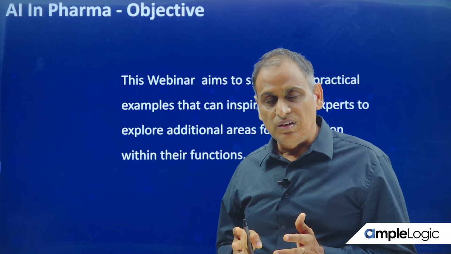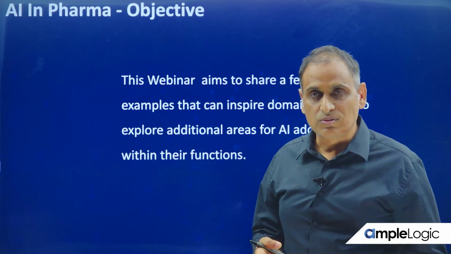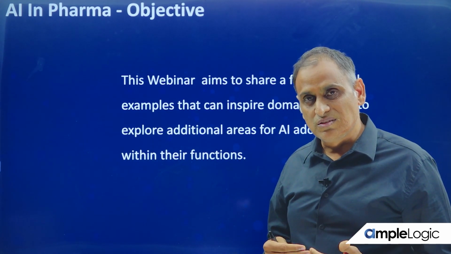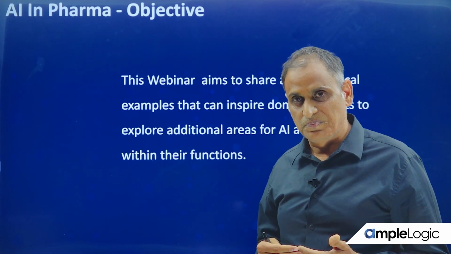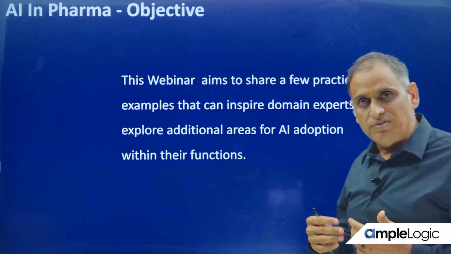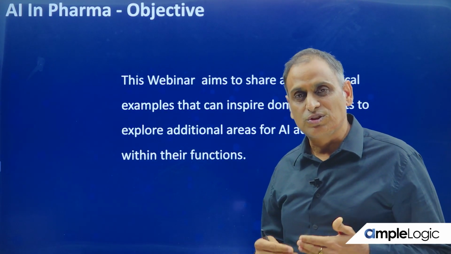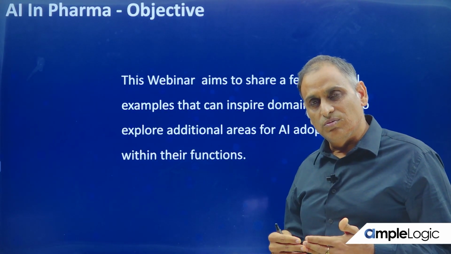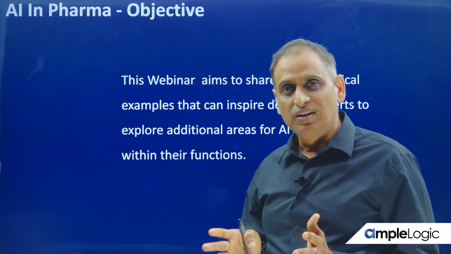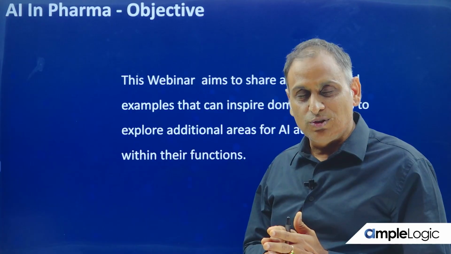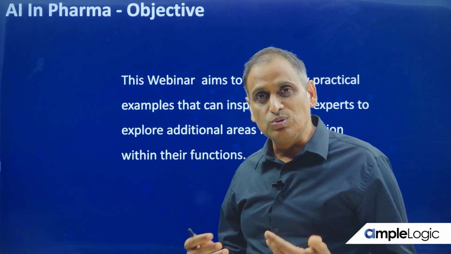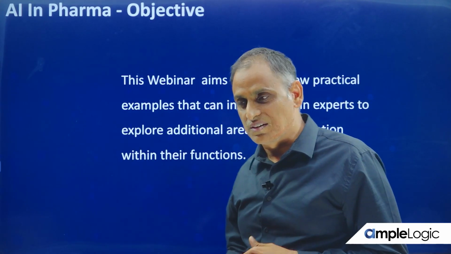In the same way, we are foreseeing in the industry that people would like to use these recommendation engines at their work also. Considering this, this is the attempt that we at AmpleLogic are making, so that we can share certain ideas which you can practically implement. That gives you some thoughts, so that you can come up with more and more ideas, because you are domain experts in the industry.